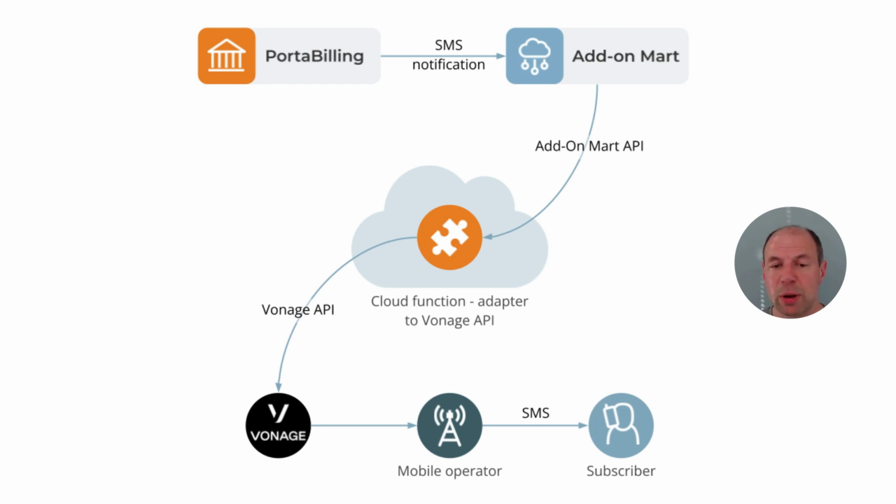It will change the parameters, and then it will send a request or pass through the request to the Vonage API, which then in turn will deliver that message to the actual mobile carrier where the subscriber is using the service, and the subscriber will get that SMS.